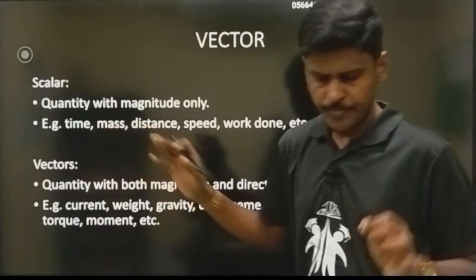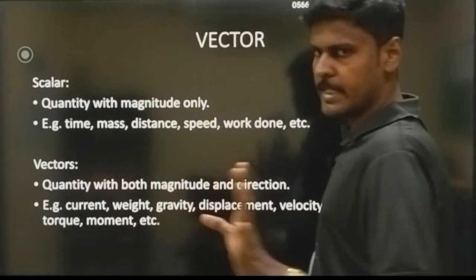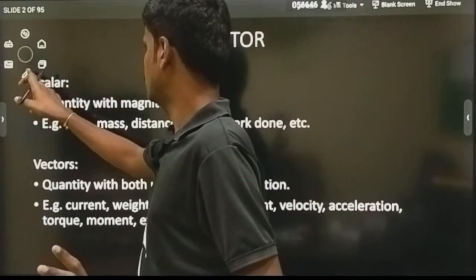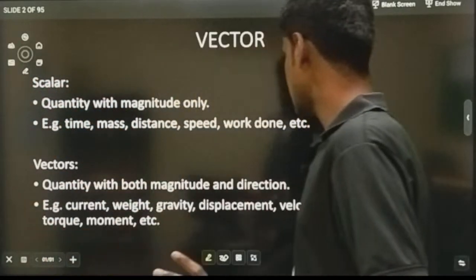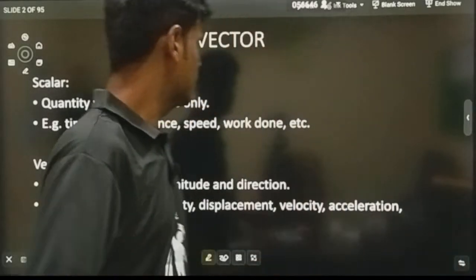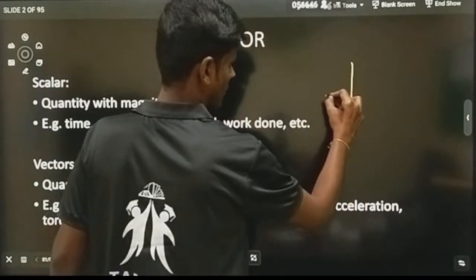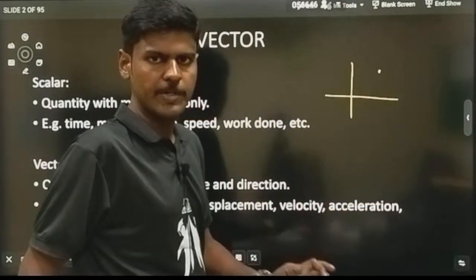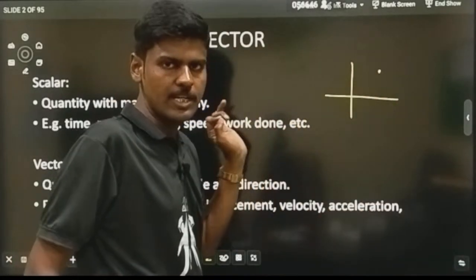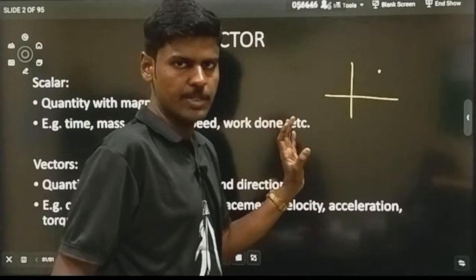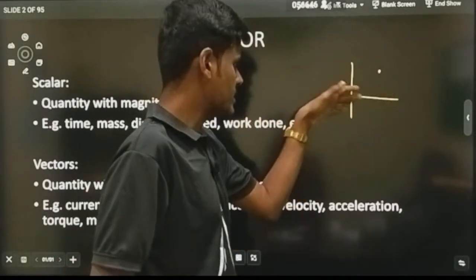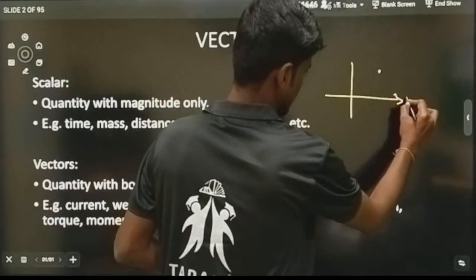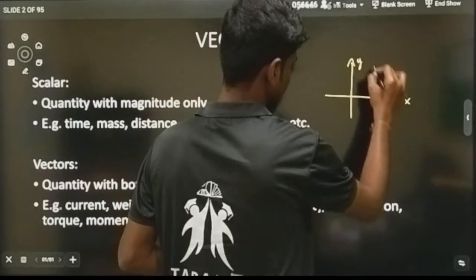Okay, now we'll see some basic examples. With coordinate system, I am going to explain just the two-dimensional coordinate system. You already know how to draw graphs. What is a coordinate system? It has two axes, one is the x-axis, another one is the y-axis.